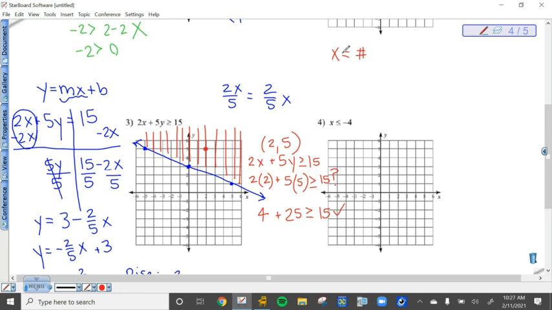If I have an equation like x equals 6 or x equals 4 or whatever, is it a vertical line or a horizontal line? Yeah, it's a vertical line. Whereas if we have y equals some number, that's always a horizontal line.